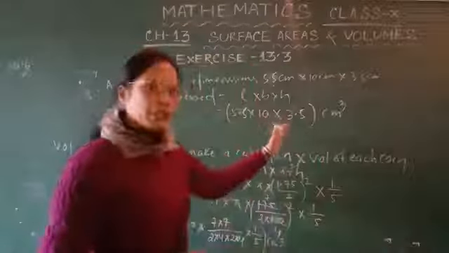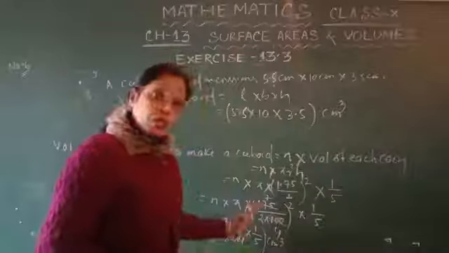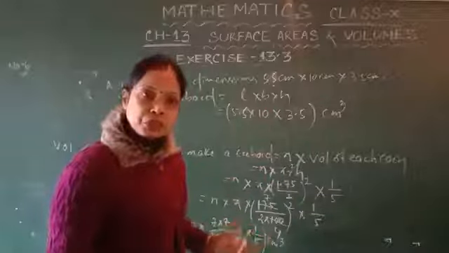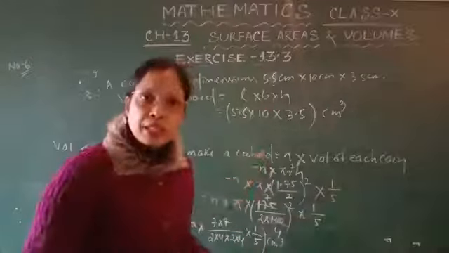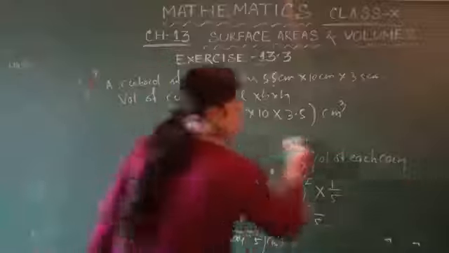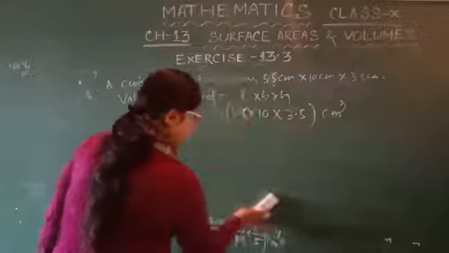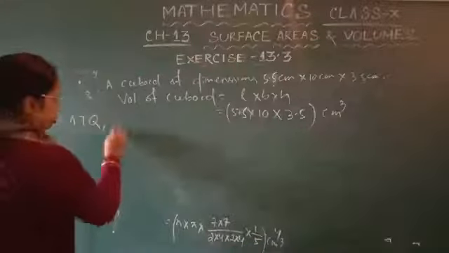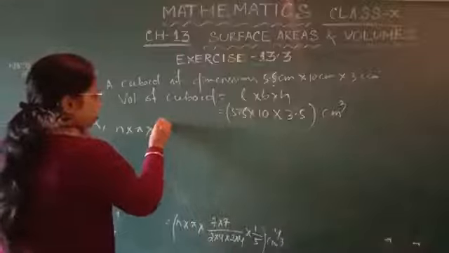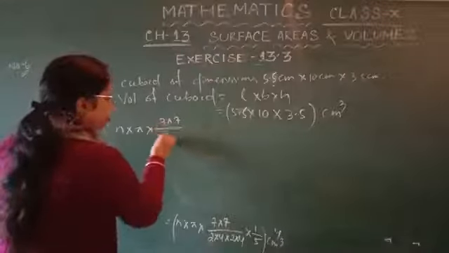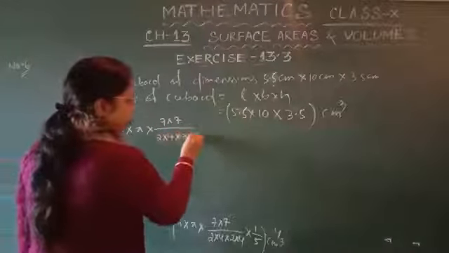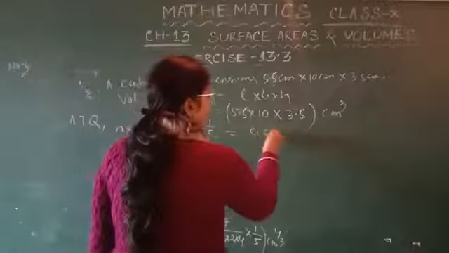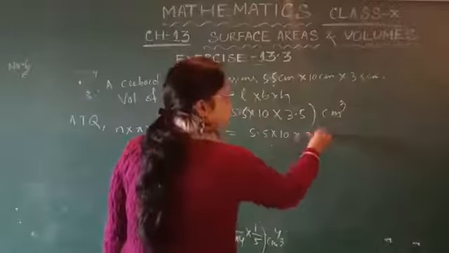This is the volume of a cuboid and this is the volume of the coins used to make this cuboid. So according to our question, both the volumes are equal. So now we write, according to the question, n into pi into 7 into 7 upon 2 into 4 into 2 into 4 into 1 upon 5 is equal to 5.5 into 10 into 3.5.